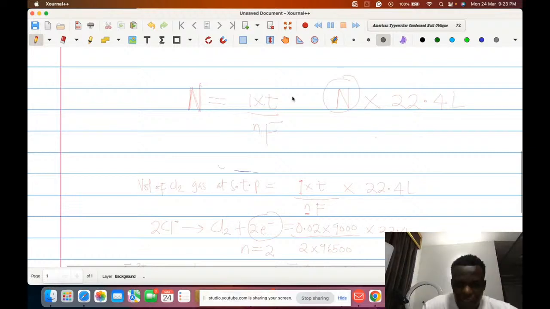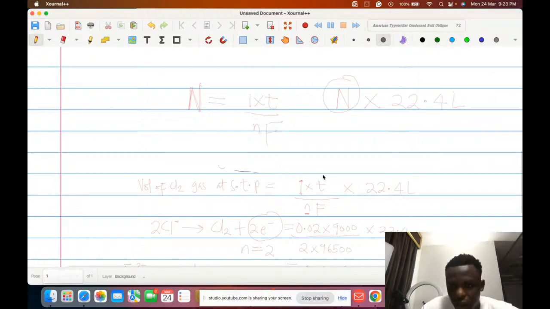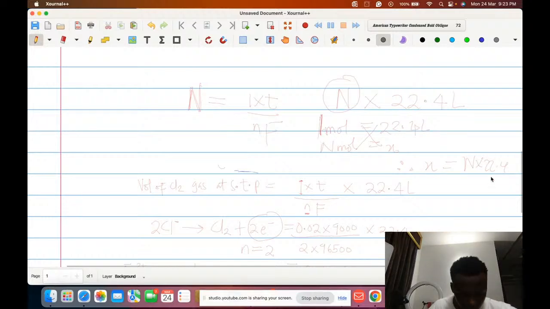It's more like saying 1 mole equals 22.4, so N mole equals X. When you cross multiply, X will give you N times 22.4. So that is basically what we did there.